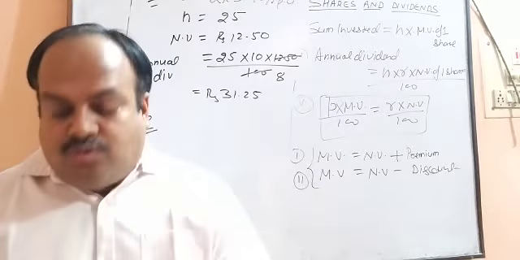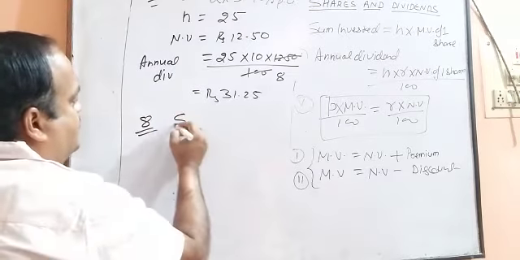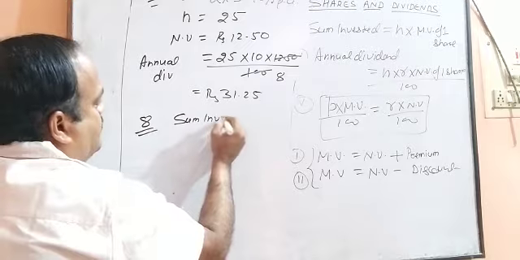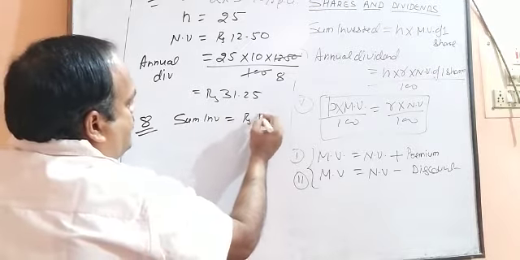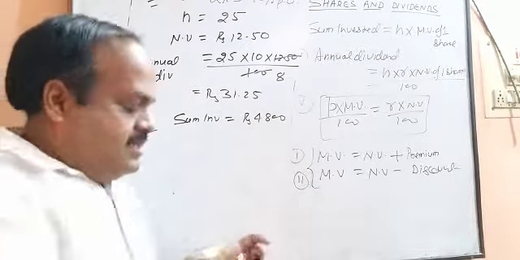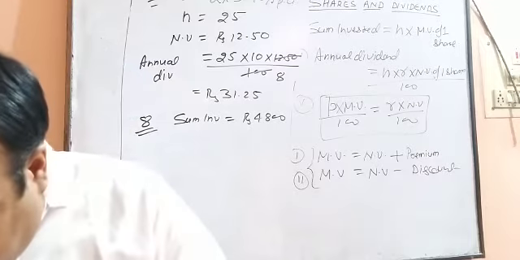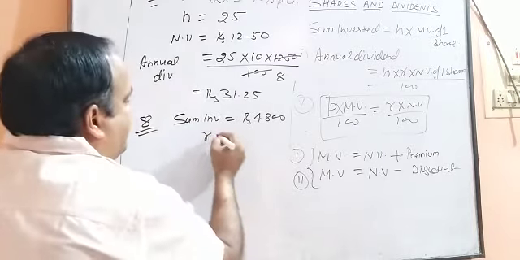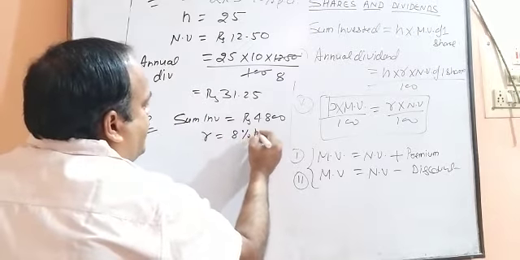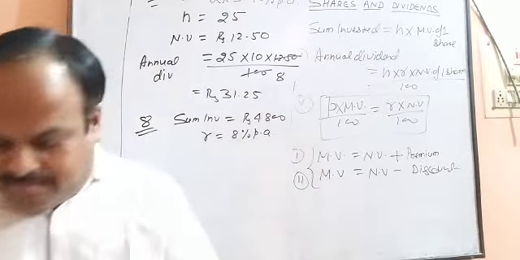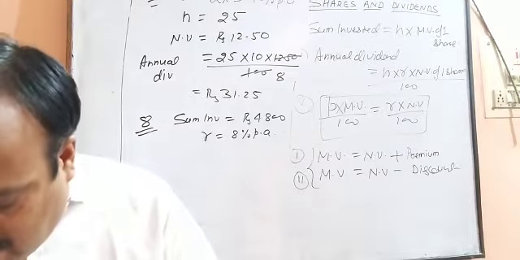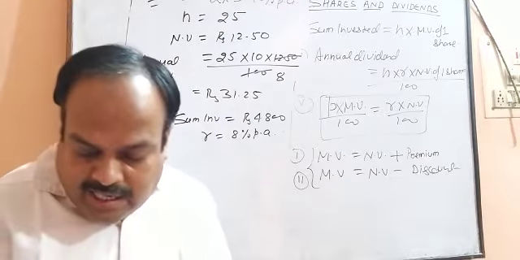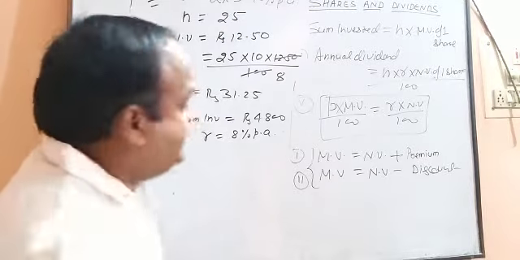Now question number 8. A man invests 4,800 rupees. Sum invested is 4,800. The company is paying 8% dividend, rate of dividend 8% per annum, when 100 rupees shares cost 160 rupees.